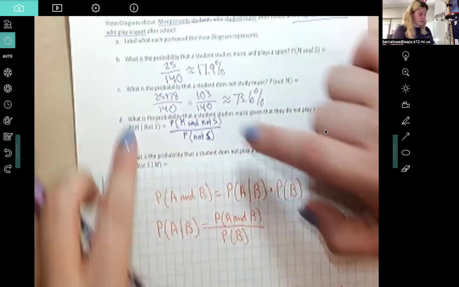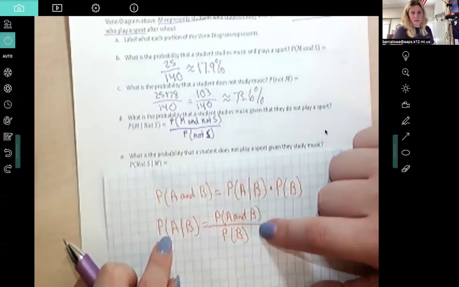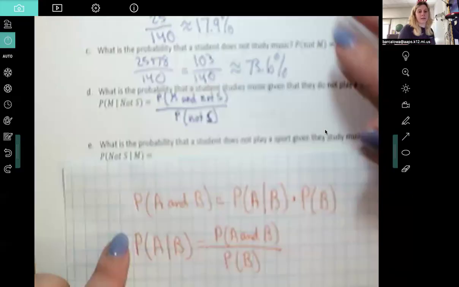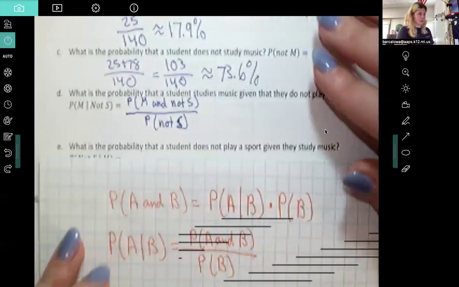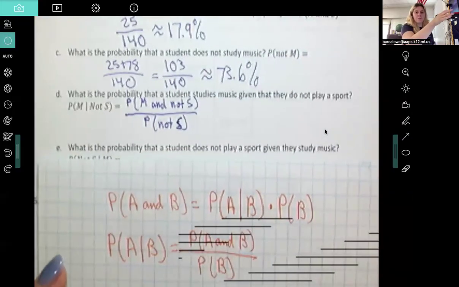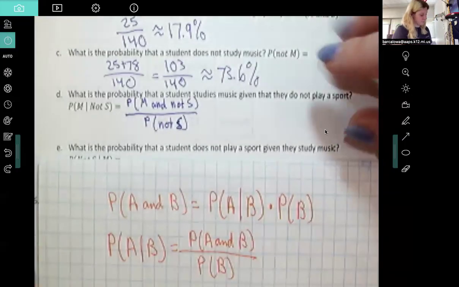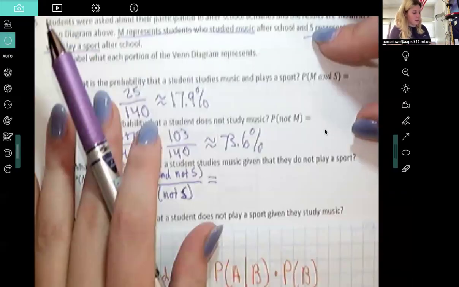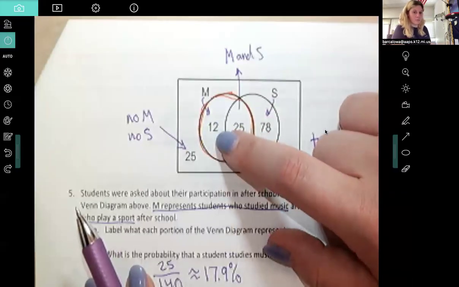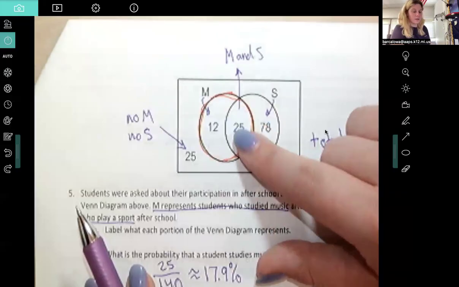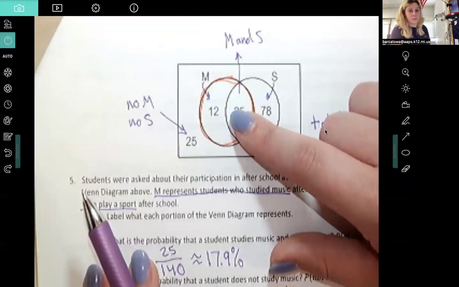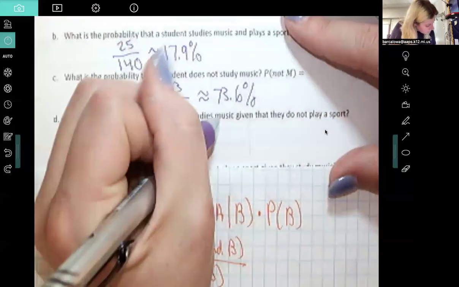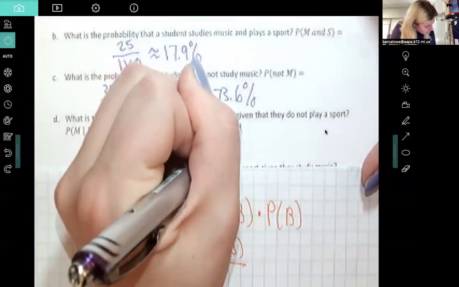Okay, just taking this formula and plugging in my letters instead of A and B. Okay, so the probability of music and no sport on the top is this 12, right? Just the 12. This 25 is also playing a sport. Okay, so 12 would be music and no sport. 12 out of 140.